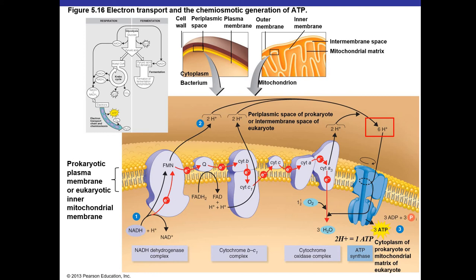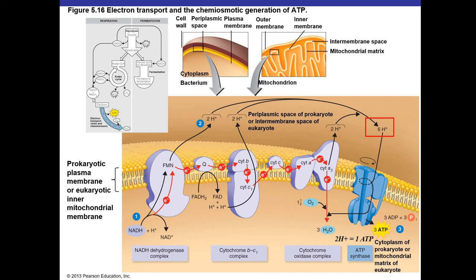3 ATP. Now, if we look again at the FADH2 that comes in at a lower energy level, it's bypassing the first pump, so it doesn't make those first 2 protons. So when FADH2 comes into coenzyme Q, it's going to activate that pump, put out a pair of protons, pass the electrons to all the cytochromes, and then the last proton pump, cytochrome A3, again is going to put out 2 protons.